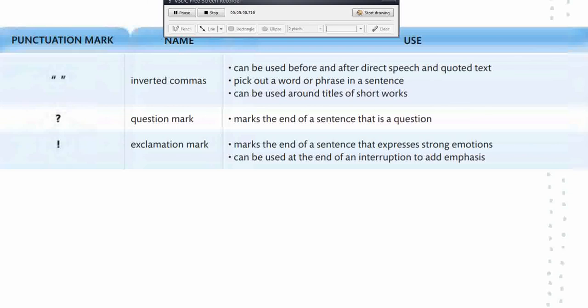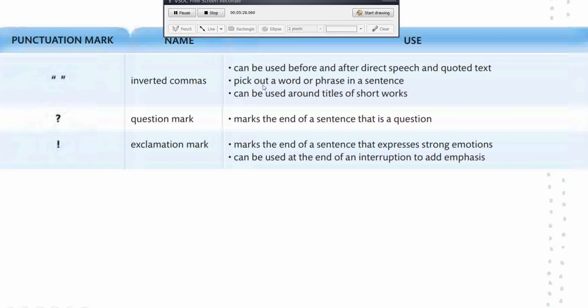The next punctuation mark we have is inverted commas. Remember, inverted commas are two, also known as speech marks or double inverted commas, and they are always placed in a set. That means the beginning and the end. Now let us look at the function. They can be used before and after direct speech and quoted text.